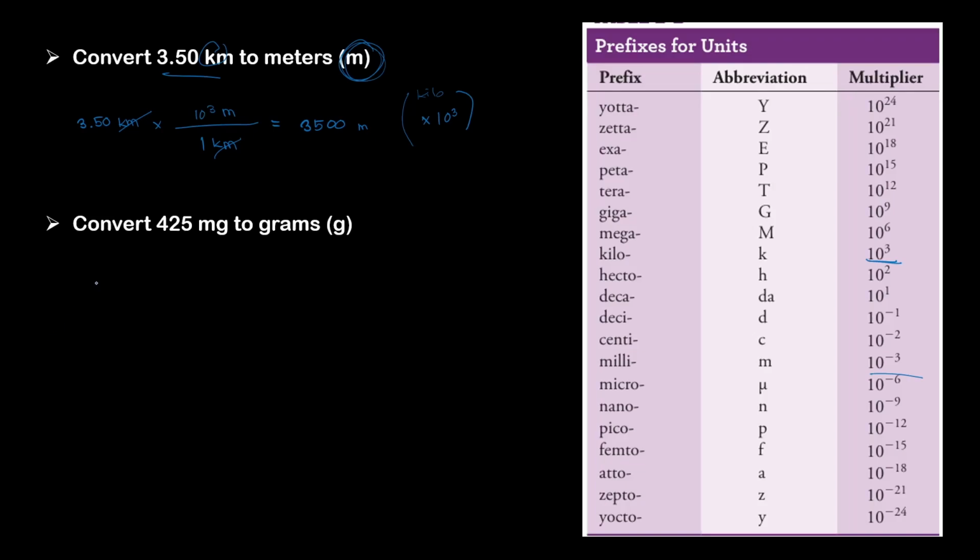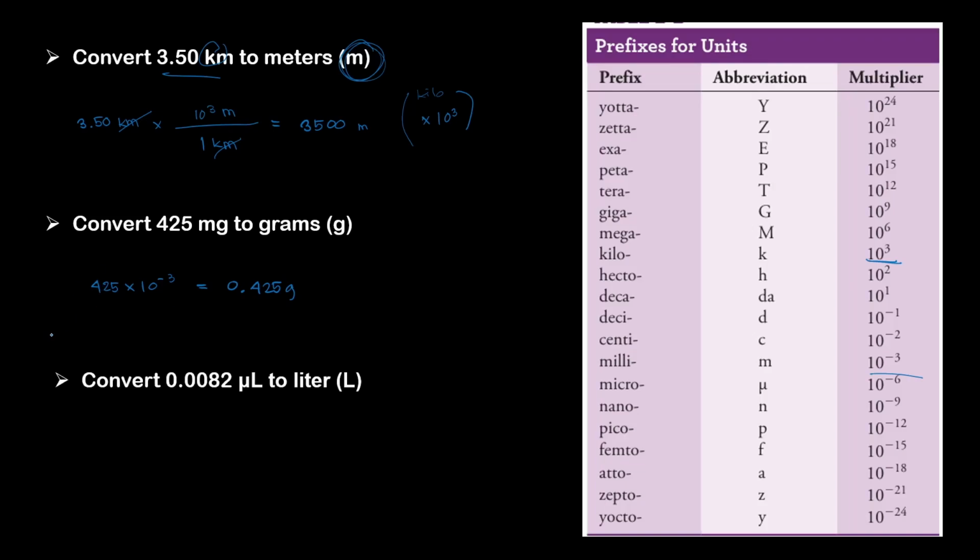We just need to simply do 425 times 10 to the negative 3. Then what is the answer? 425 times 10 to the negative 3, that would be 0.425 grams. Very easy. This is from milligrams to grams.